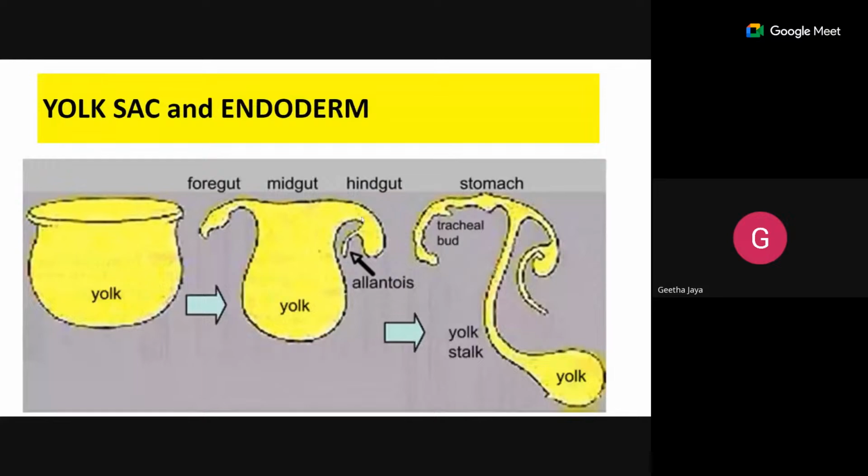The post-allantoic part later forms a septum in this endodermal cloaca, and that septum is called the anorectal septum, which divides it into the urogenital part anteriorly and the anal canal posteriorly.